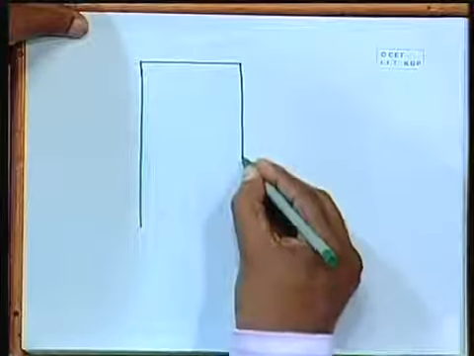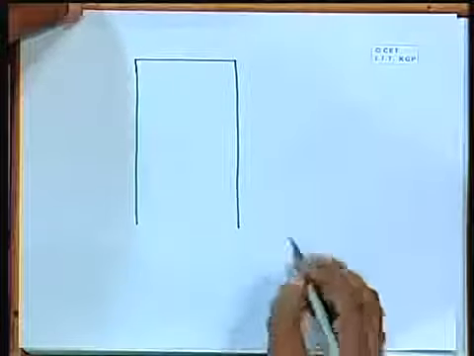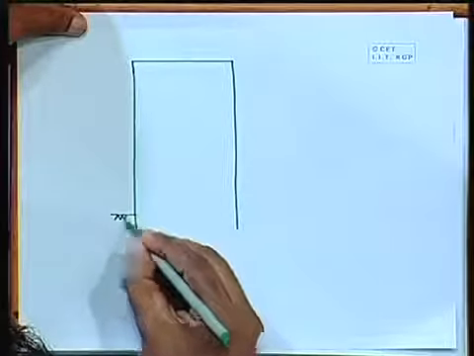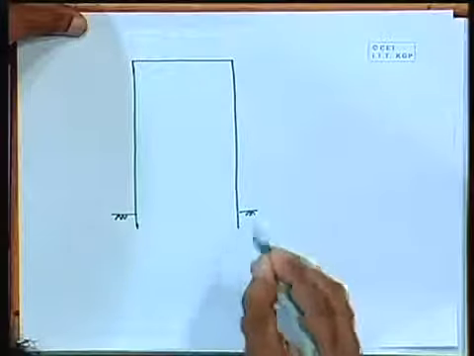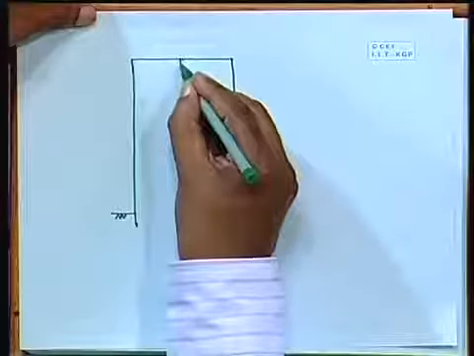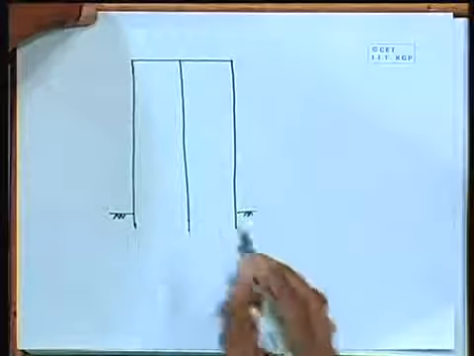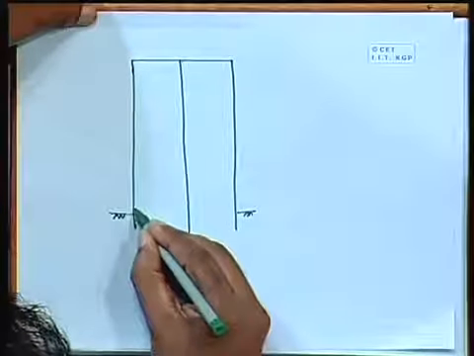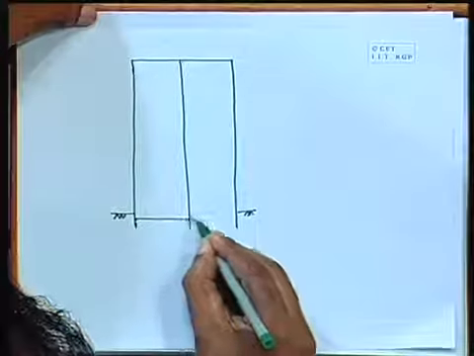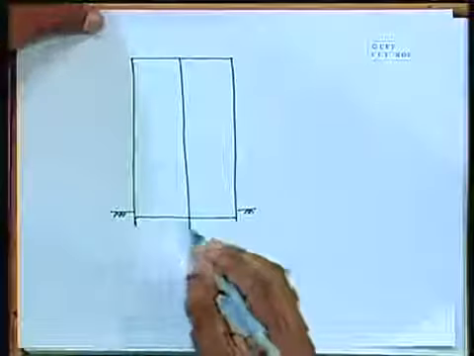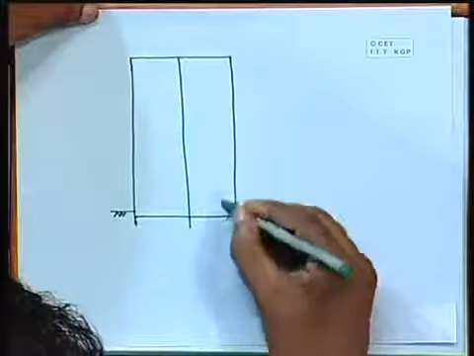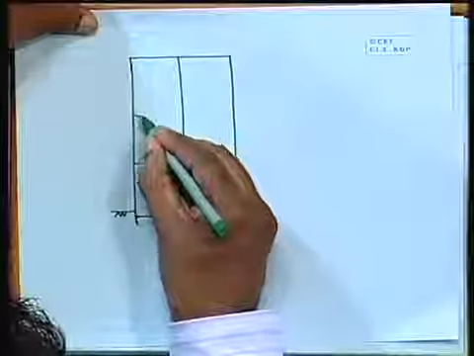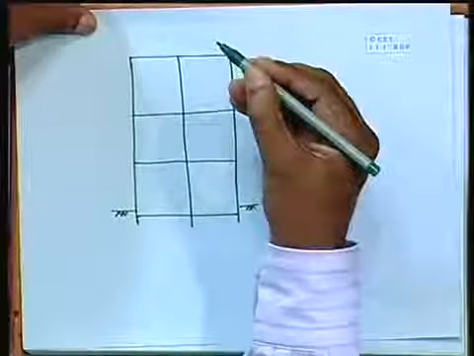This one, we are talking about an elevation, and this is the ground. Let us say another column is there. What we do is, maybe we shall provide one beam here, at the bottom, and one beam at the first floor level, another beam at the second floor level, like that we can go.